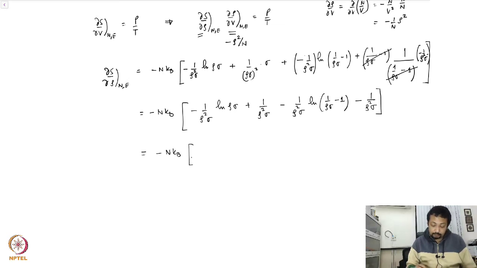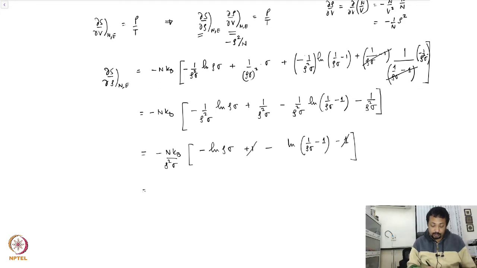I can take out rho square sigma outside. If I take out rho square sigma, I have minus ln of rho sigma plus 1 minus ln of 1 over rho sigma minus 1 minus 1.